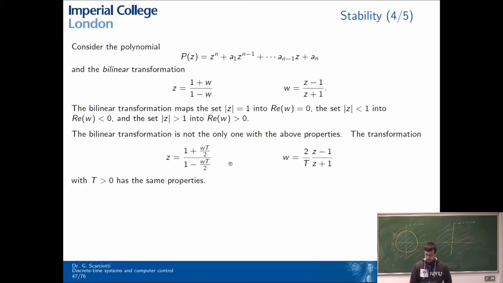I want to point out that this is not the only bilinear transformation that has this property; there are many others that we will see in the rest of the course. This, for instance, is an example of another transformation that has that property, and it is a better approximation of the z-plane than this bilinear transformation.